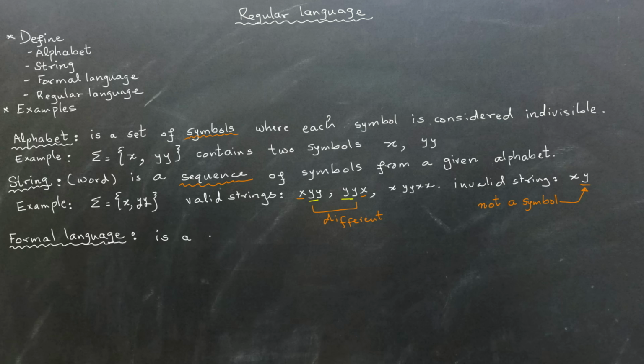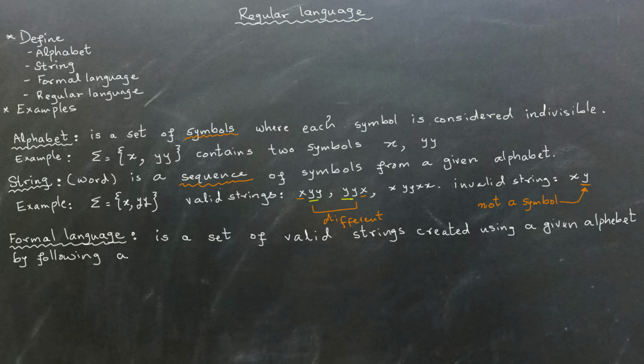A formal language is a set of valid strings that can be created using a specific alphabet, following certain rules or patterns. The rules determine which combinations of symbols are allowed and which are not.